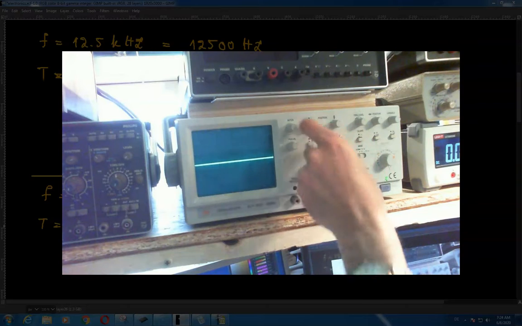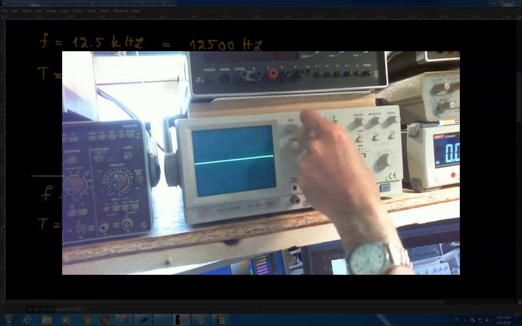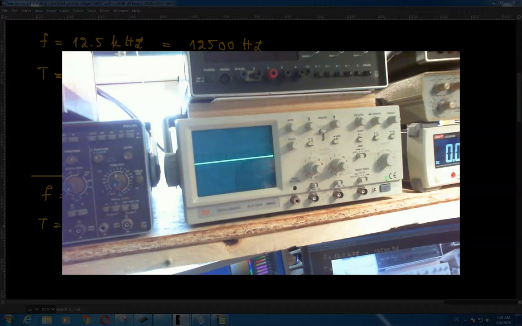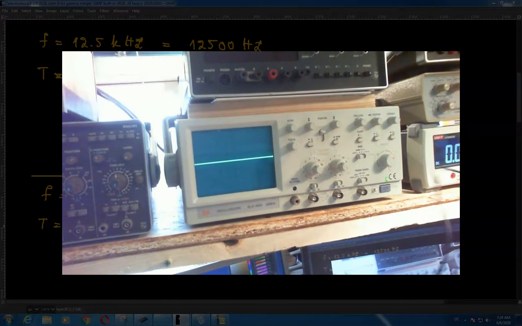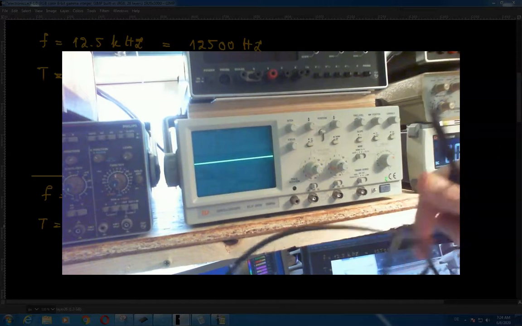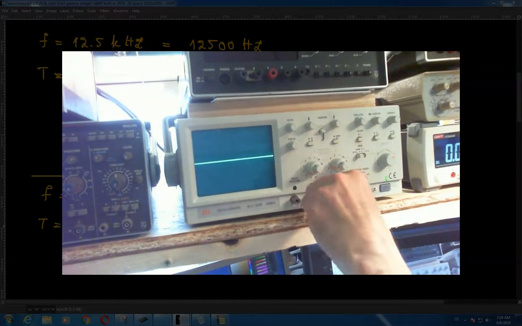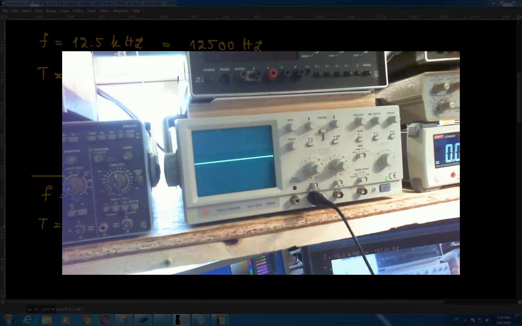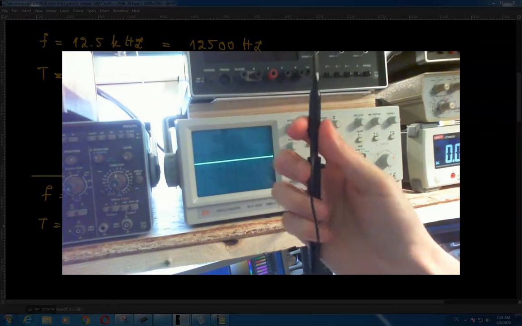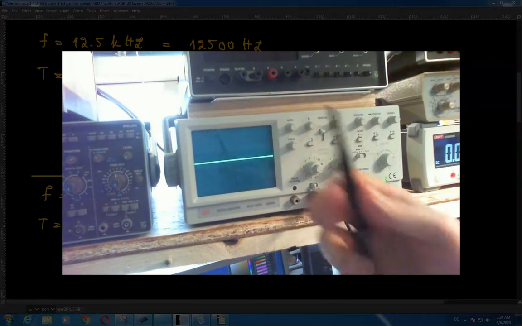And I go to channel 1 and adjust this on the baseline, and then the channel 1 I connected to the normal test lead, like this, and now my test lead becomes essentially this thing over here, right?